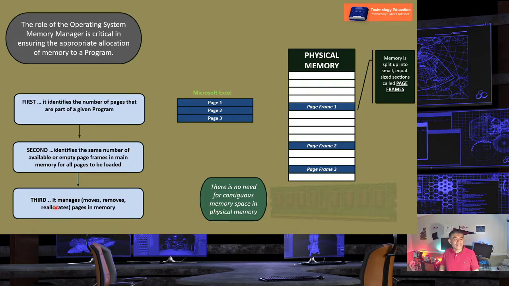Finally, the operating system is responsible to manage pages in memory. By that, we mean moving, removing, and reallocating pages in memory. Please note, there is no need for contiguous memory space in physical memory.